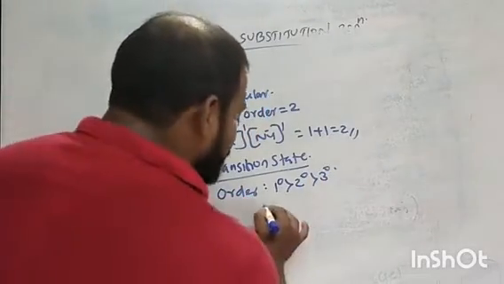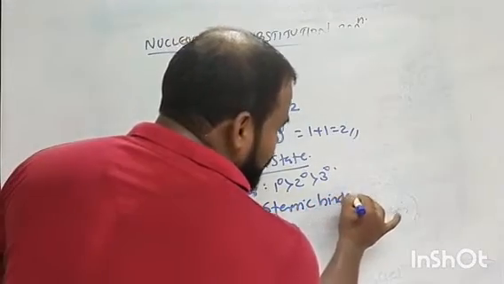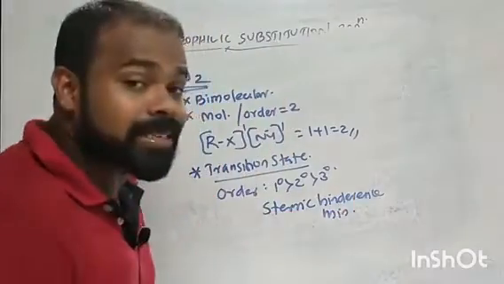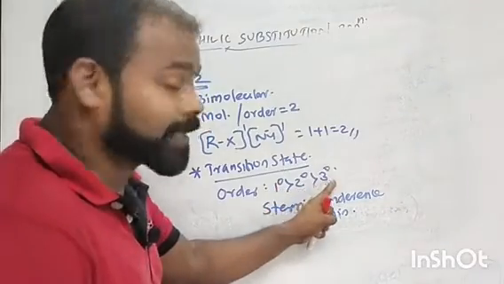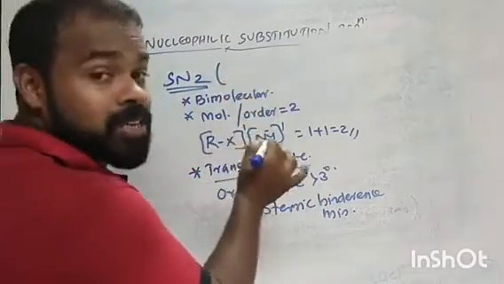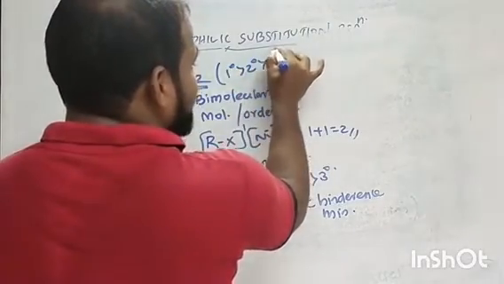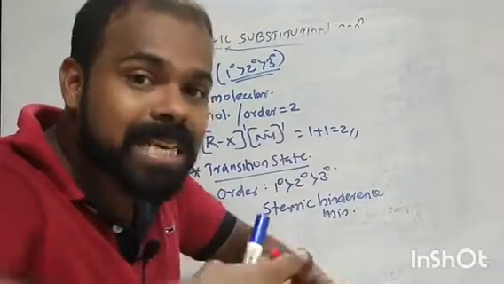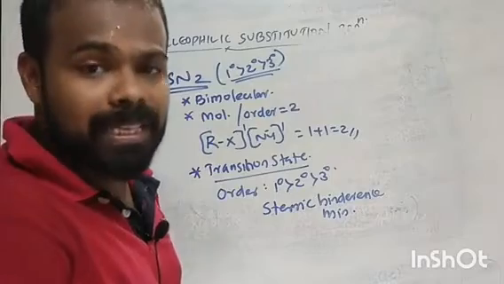It is due to minimum steric hindrance. In this case, steric hindrance should be minimum. Therefore primary greater than secondary greater than tertiary. Where the steric hindrance, the repulsive effect, is minimum, there the SN2 mechanism should occur.